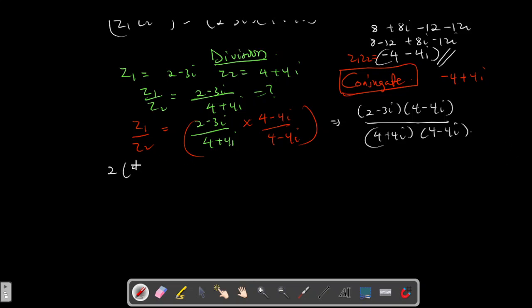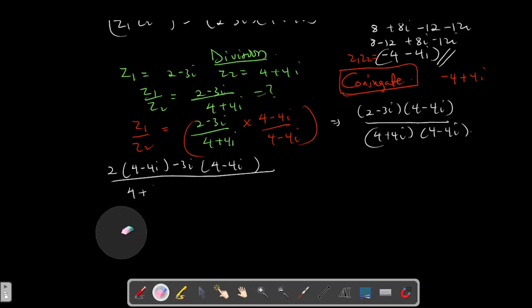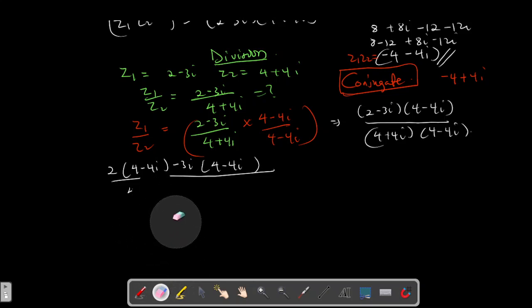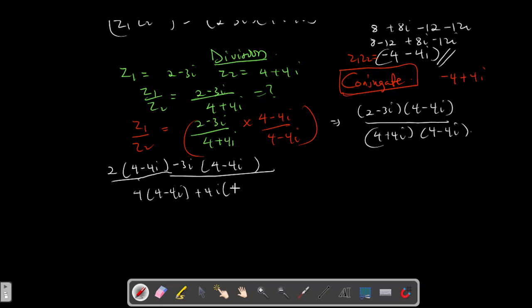The numerator: I'll have 2 multiplying the expression 4 minus 4i, minus 3i multiplying the expression 4 minus 4i, all over 4 open bracket 4 minus 4i plus 4i open bracket 4 minus 4i. You simplify systematically so that you don't make a mistake.